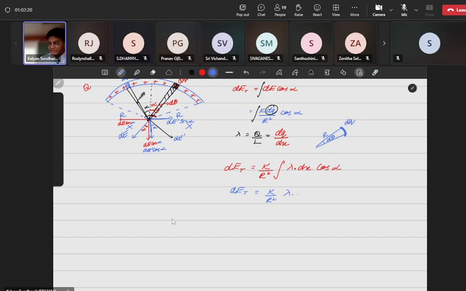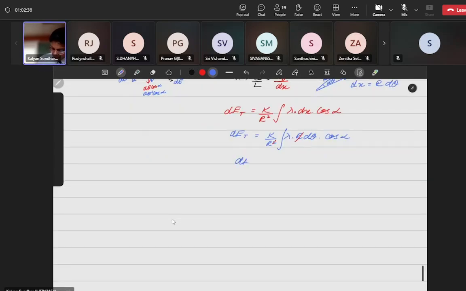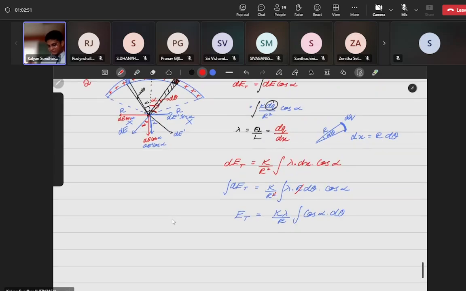Okay, lambda let it be as it is. dx என்னன்னு எழுதலாம்? dx will be equal to r into d theta. r into d theta into cos alpha, integration. இந்த r-உம் cancel ஆயிடும். So integrating on both the sides, E total will be equal to k lambda by r, and this will be cos alpha into d theta.